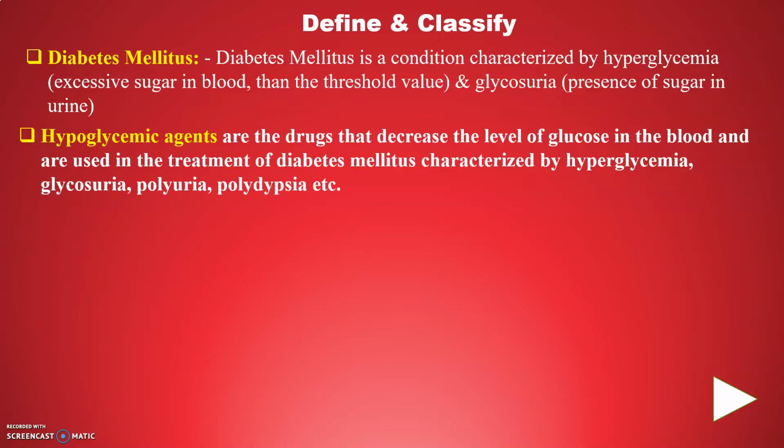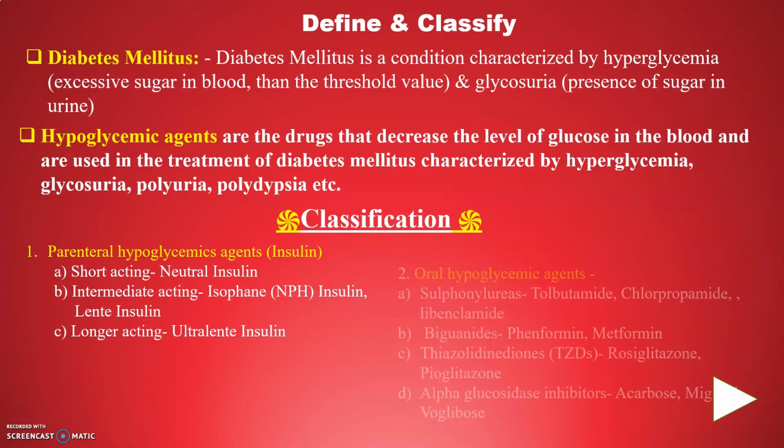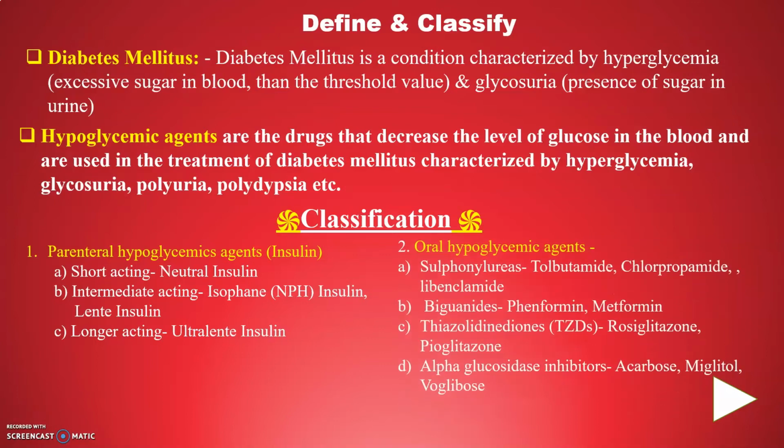Now we are moving to the classification part, and here is the first class under the hypoglycemic agents. First one is the parenteral hypoglycemic agents: short acting, intermediate acting and long acting insulins. Second one is the oral hypoglycemic agents, with different drugs like sulfonylurea, biguanides, thiazolidinedione, and alpha glucosidase inhibitors.